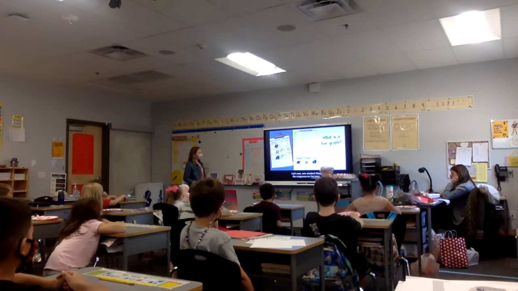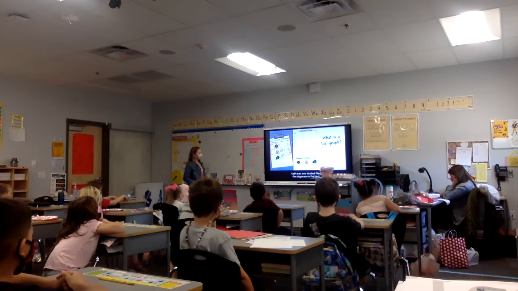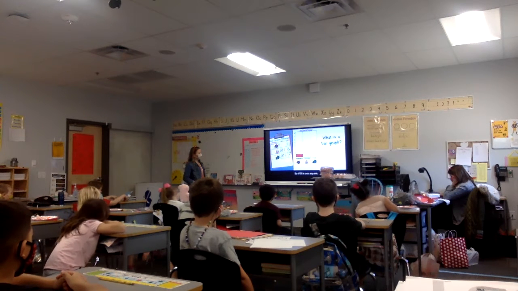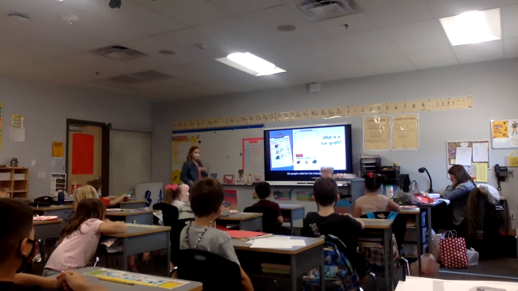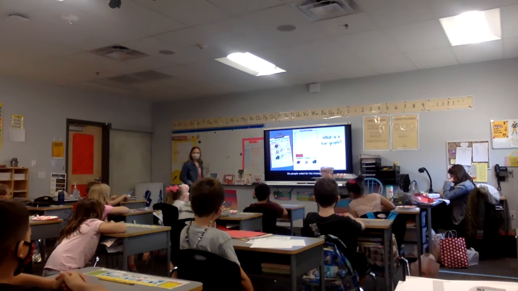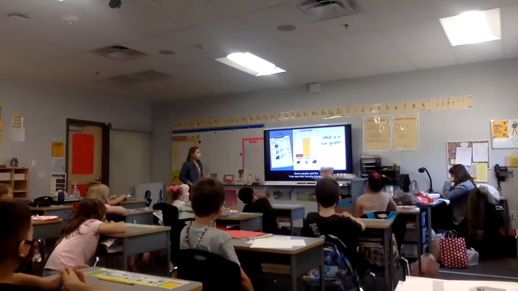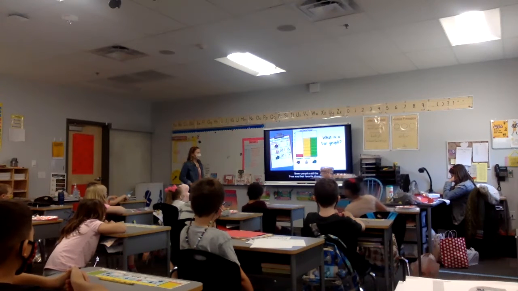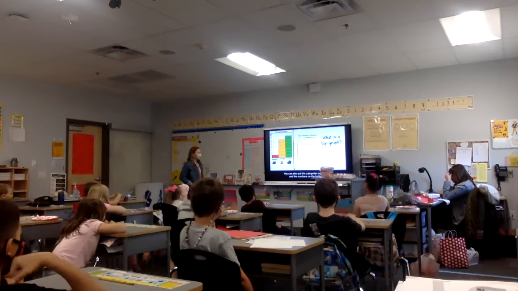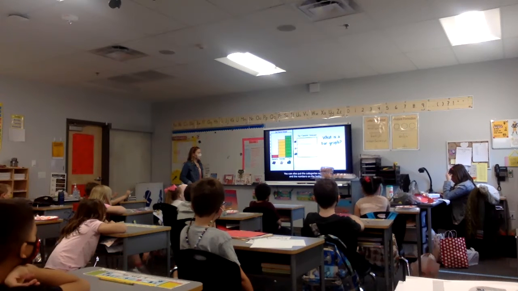Let's see. 1 student liked the Stegosaurus the best, so I fill in 1 square. 6 people voted for the Triceratops, so I color in 6 squares. 7 people said the T-Rex was their favorite dinosaur. That's all the way up. You can also put the categories on the left and the numbers on the bottom.